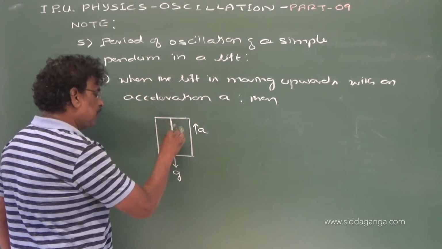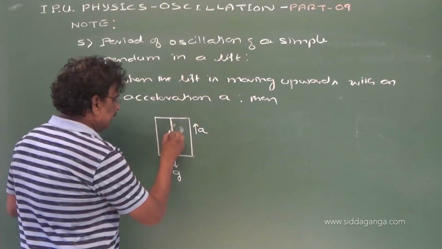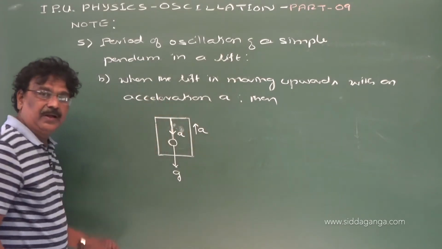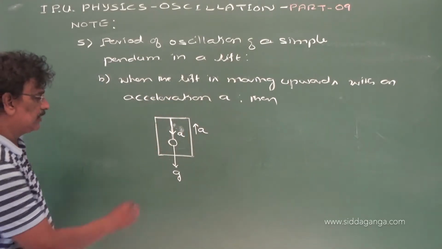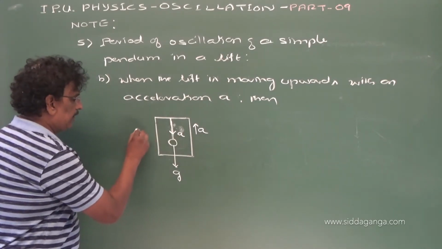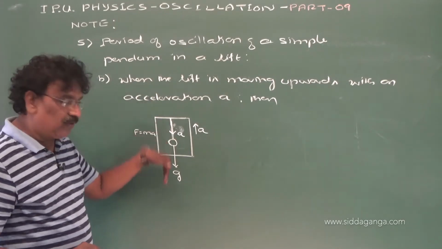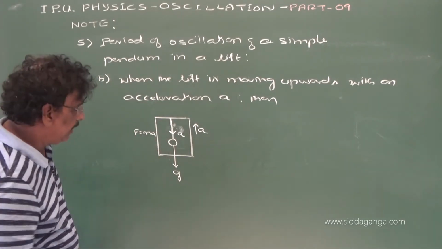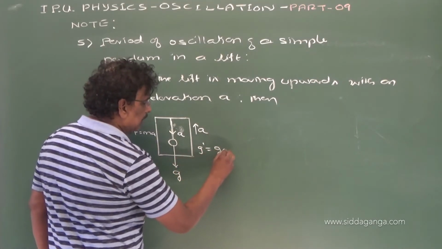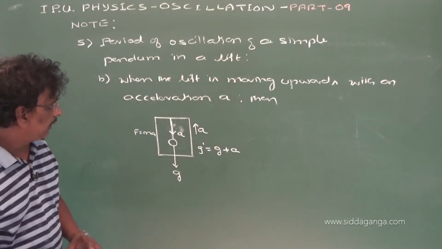The lift is moving in vertically upward direction, but the acceleration due to the pseudo force is acting in downward direction. Here F is equal to ma, that is the pseudo force. That pseudo force is acting in downward direction. Now in this case g dash is equal to g plus a, right?